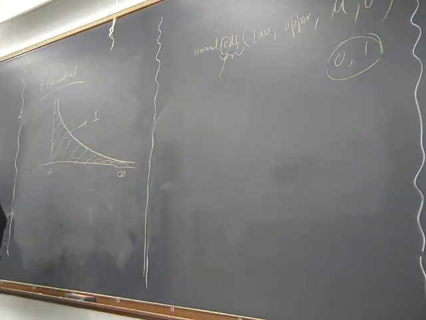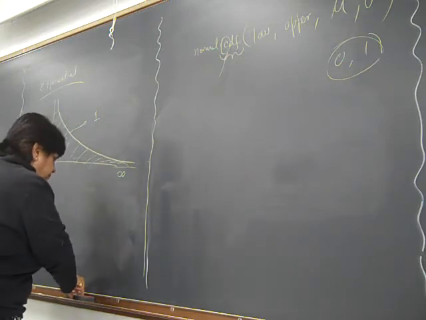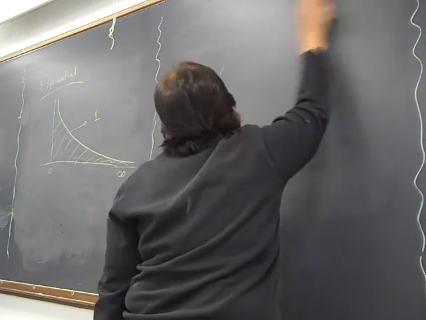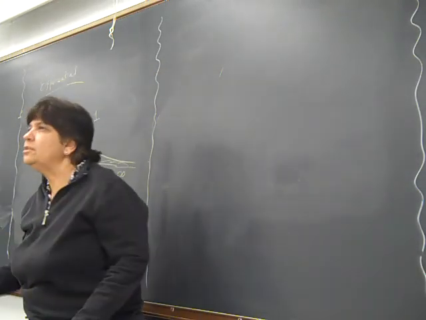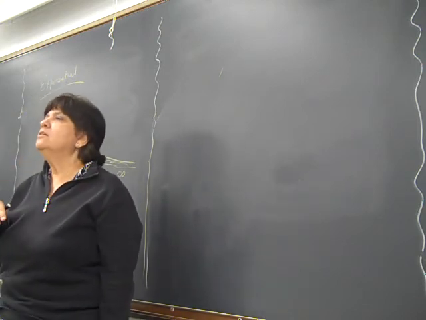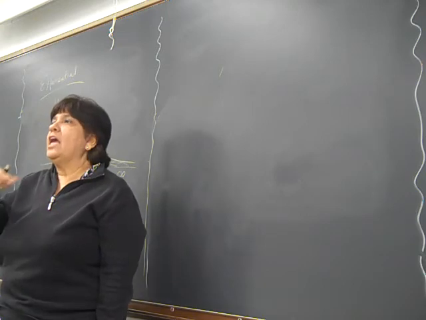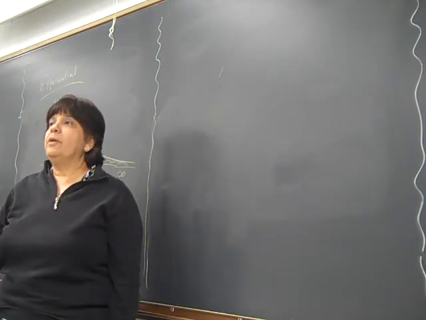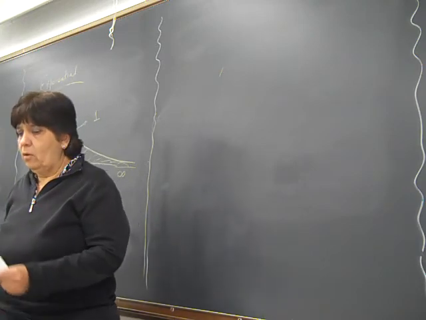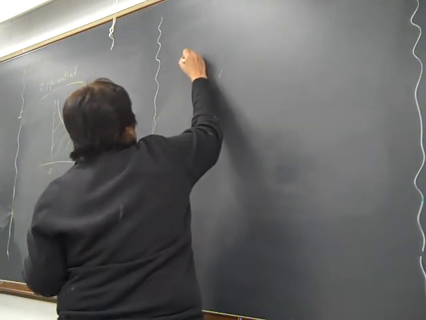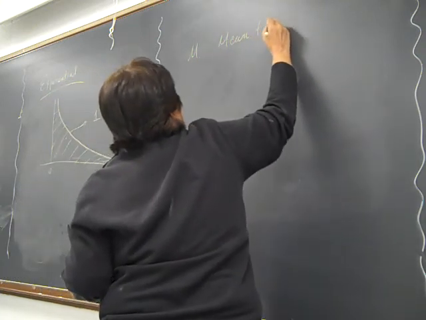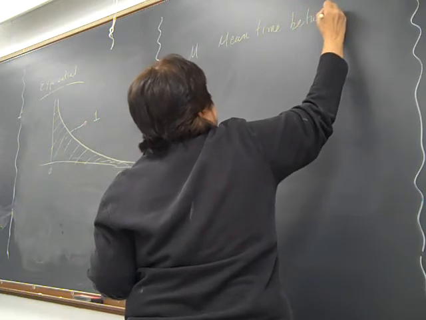So there is an extremely close relationship between the Poisson distribution, which measures the number of people that arrive every time period, and the exponential distribution, which measures the time between arrivals. So mu is the mean time between arrivals.